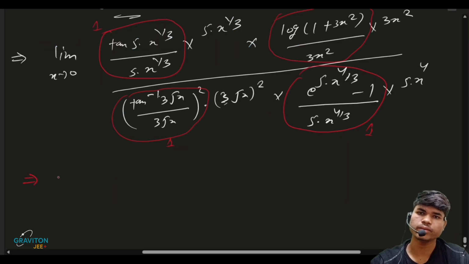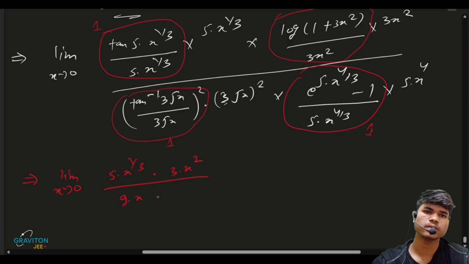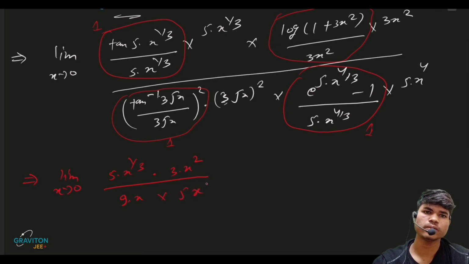So now we have limit x tends to 0 of 5 into x to the power 1 by 3 into 3 into x square divided by 9 into x into 5 x to the power 4 by 3.